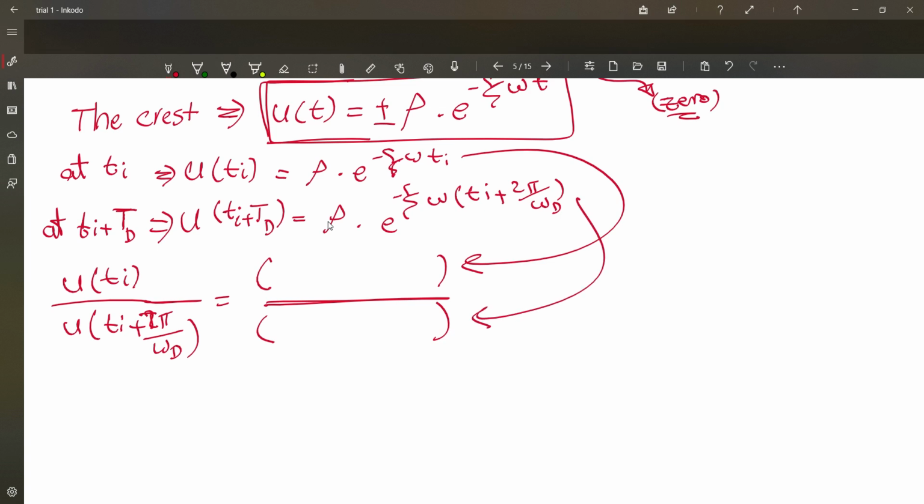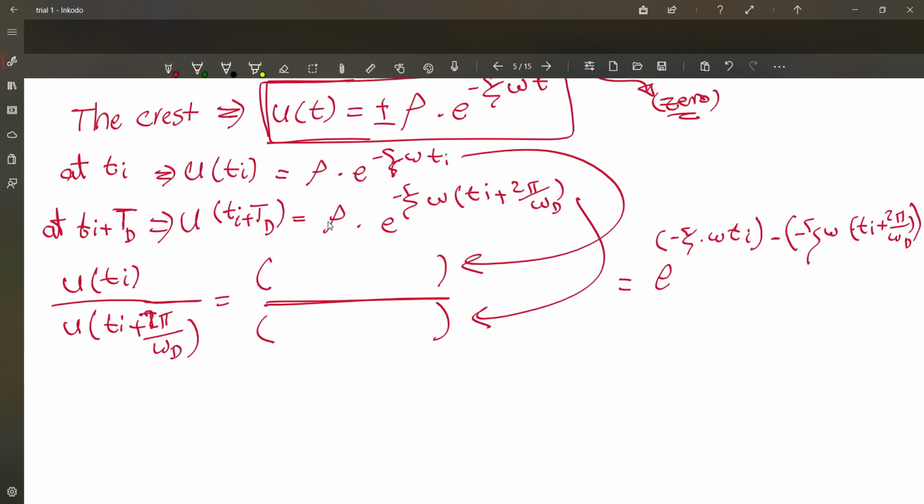Okay, the output of this is going to be e raised to minus psi omega ti, minus psi omega times ti plus 2 pi over omega d, right? This is what we are going to have here, and close this parenthesis.